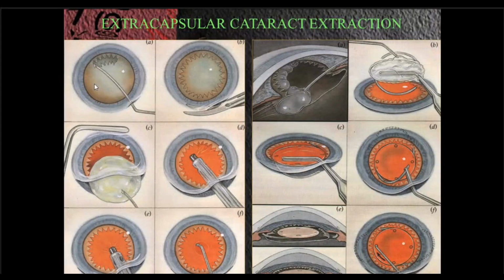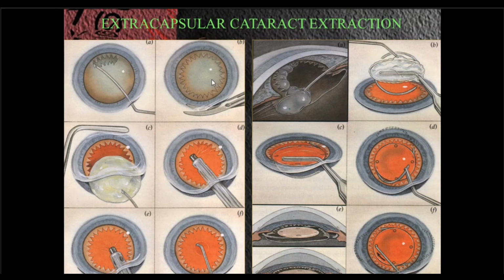I would like to tell you about some maybe historical methods, but you should know about them. Intracapsular cataract extraction, when we remove the whole lens with the anterior and posterior capsule and nucleus and cortex.